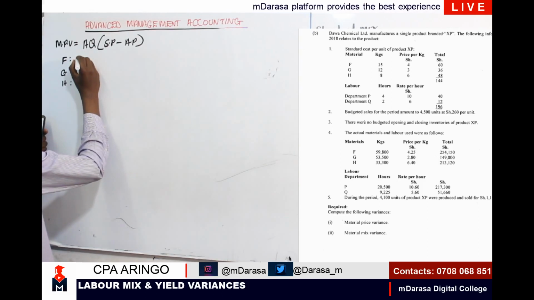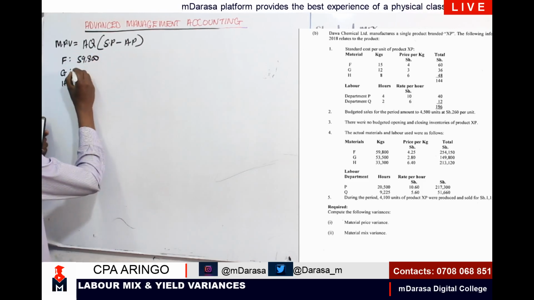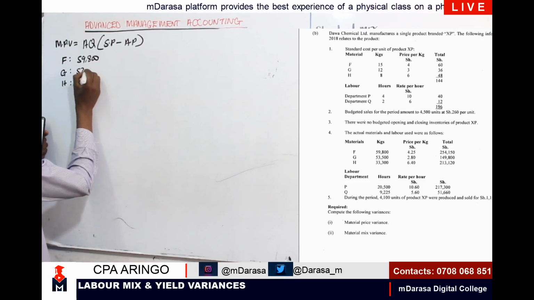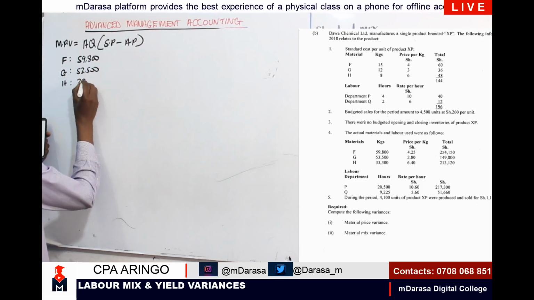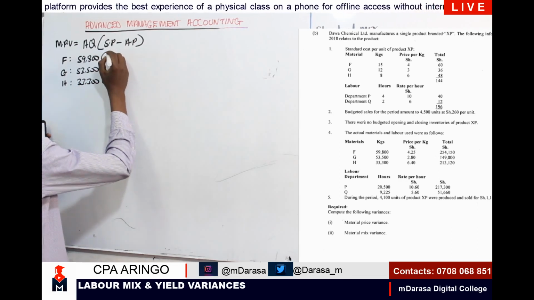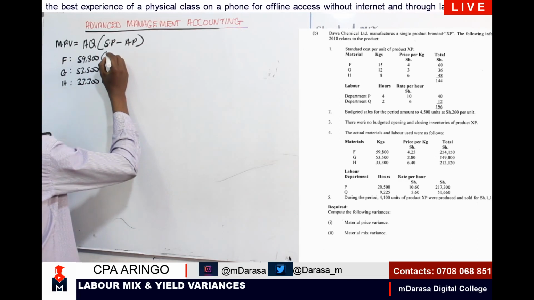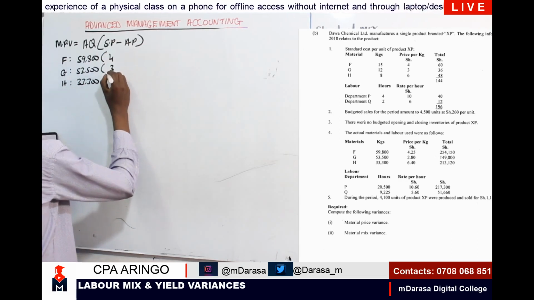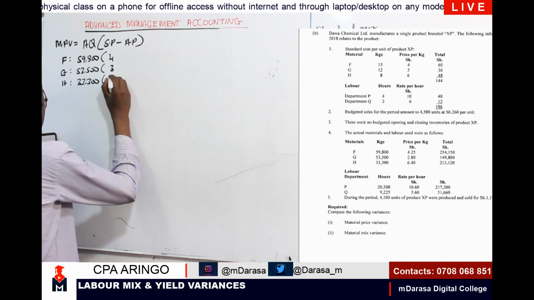Look at note 4. For F, I'm given 59,800, then 53,500, and 33,300, right? Into our standard price, which is 4, 3, and 6.